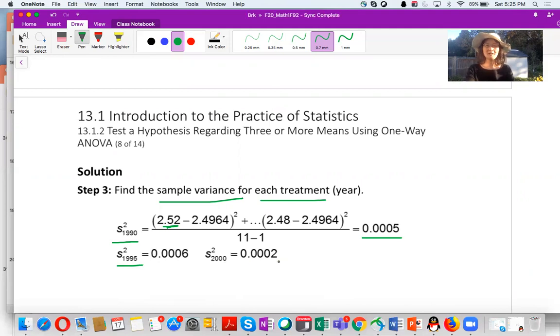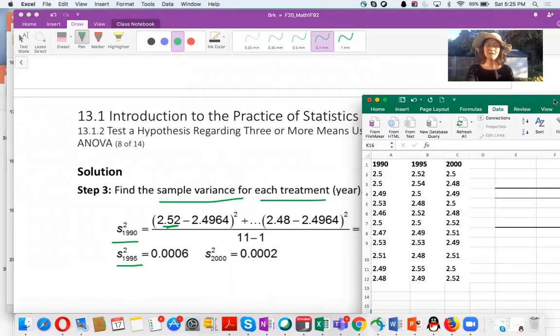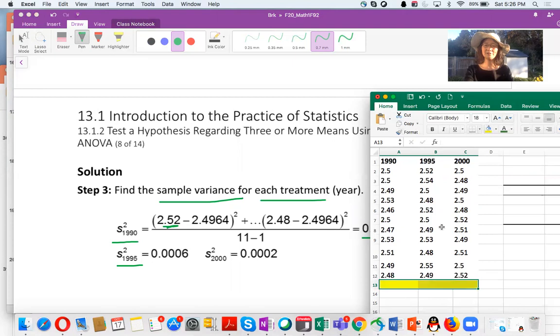I actually copied the original data in Excel. You can quickly do the sample mean and sample variance using Excel. See, this is the data. If you do the sample mean, I will put the result here. Maybe I will highlight it so that this is not part of the data. This means sample 1 average, so equal average.